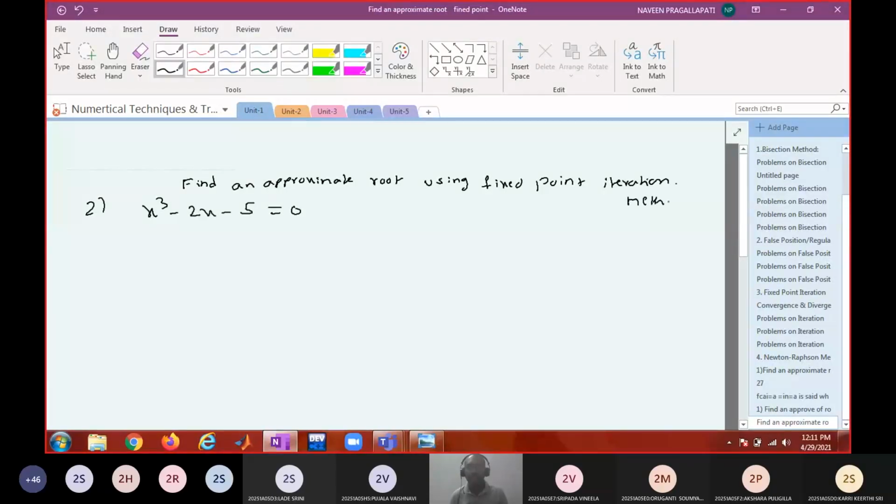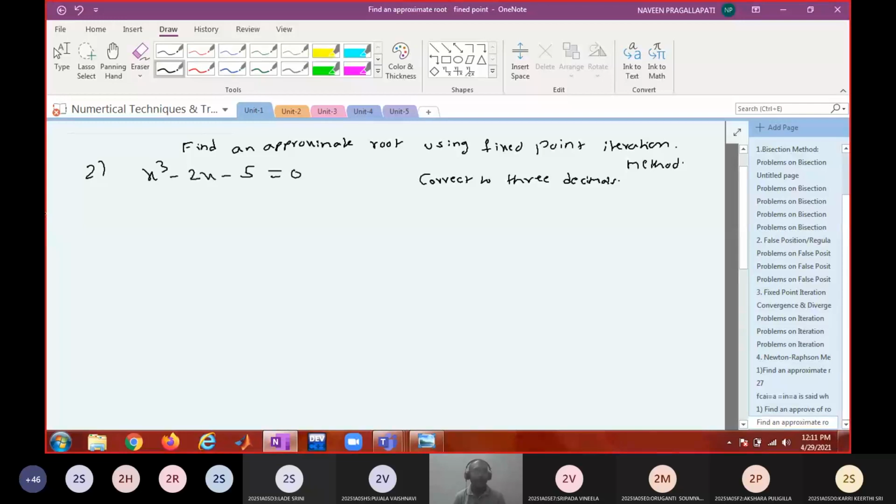So can you locate the root first? 2 to 3.